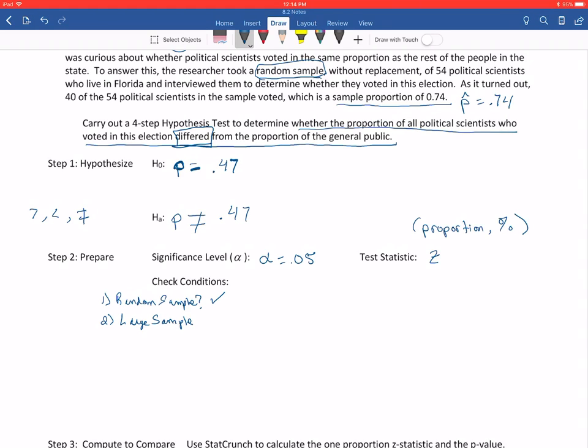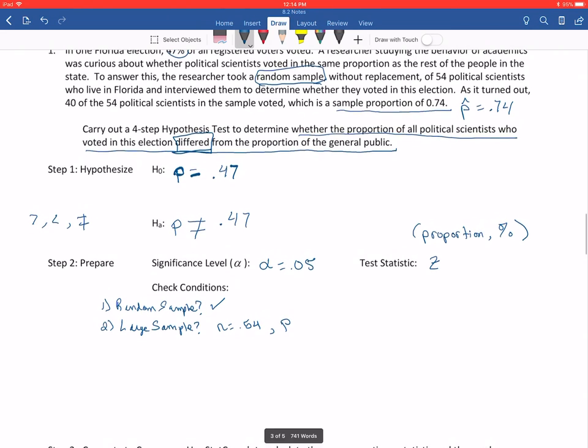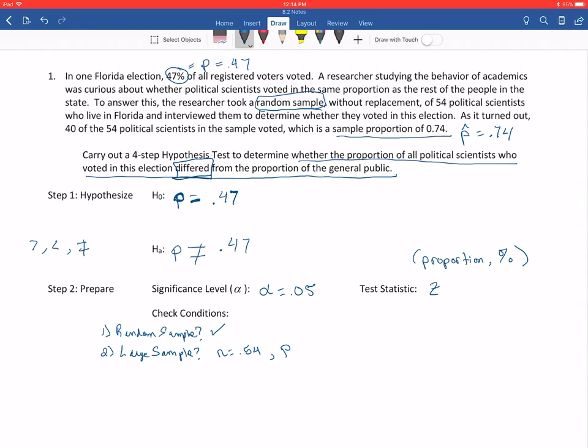Two is, do we have a large enough sample? So he interviewed 54 political scientists. Was that enough? He interviewed 54 of them, and the p-value, if we look up a little higher, was 0.47. So he has to have interviewed enough people to expect at least 10 of them to have voted and 10 of them not to have voted.